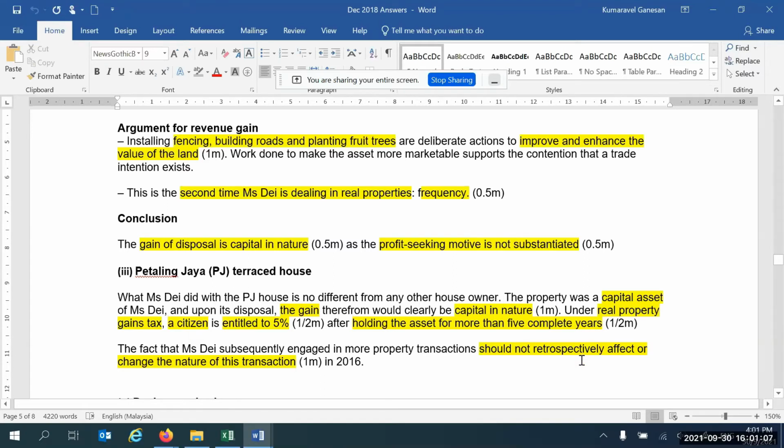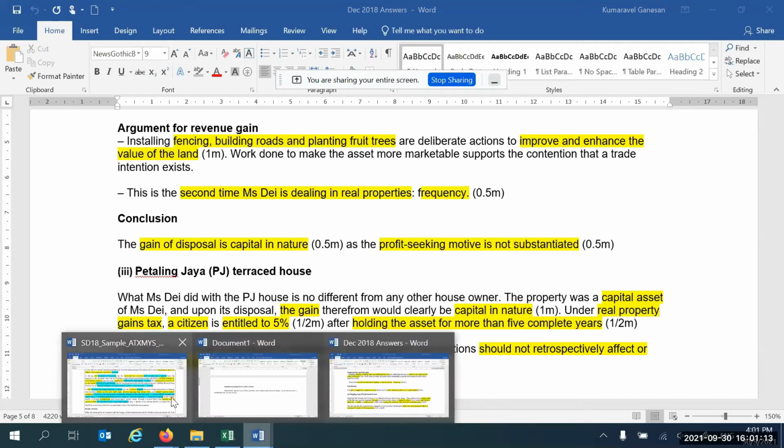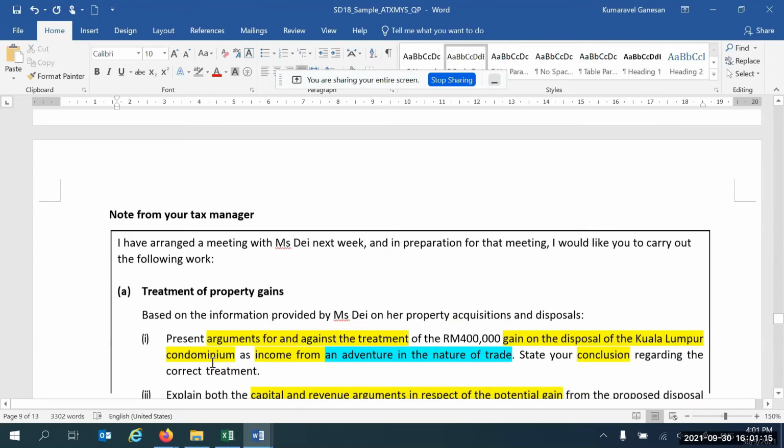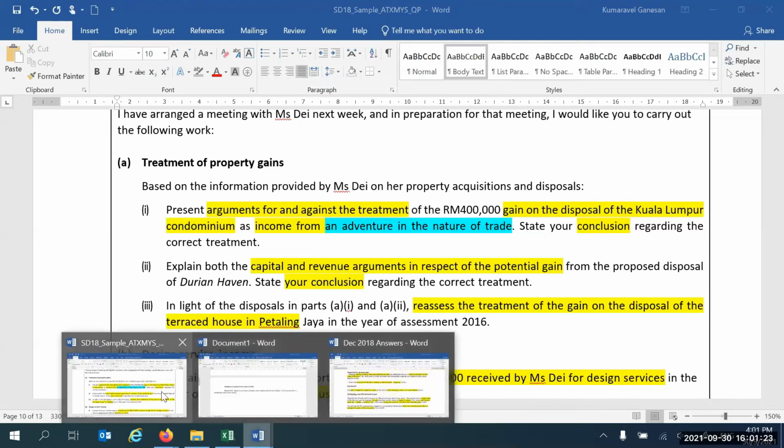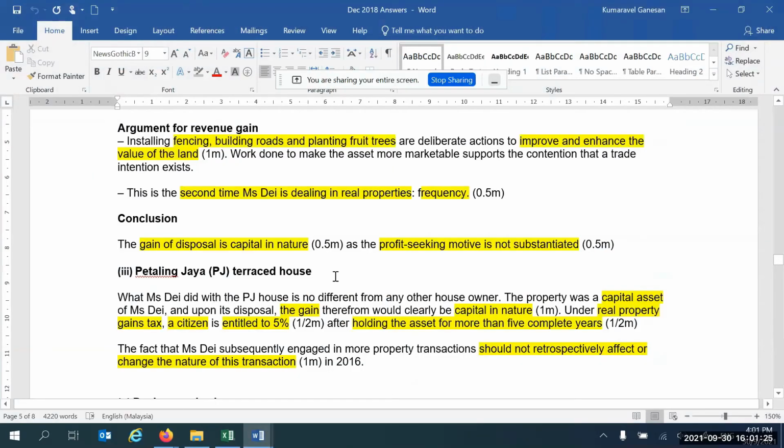So, but max is 2. Now you straight away jump in, you just get 1 mark. So you must explain why was it capital. Why was it capital? You need to explain that. So very simple. She bought the house for enjoyment, the PJ house. Okay. And then there's RPGT of 5%.